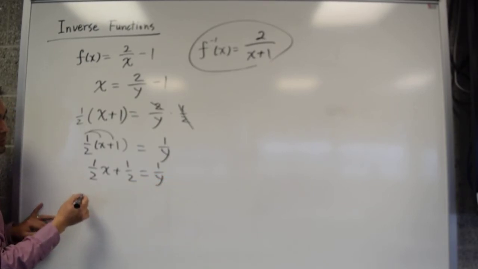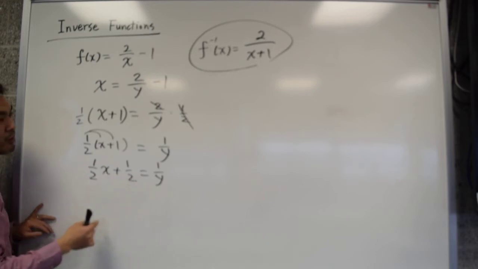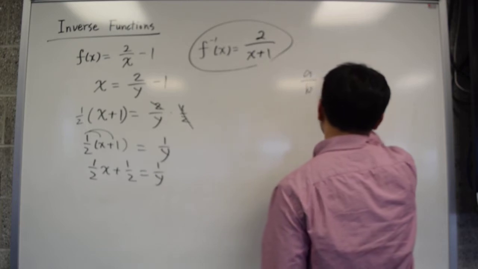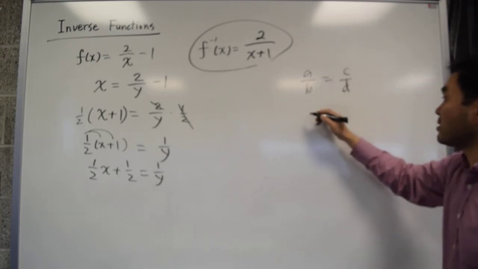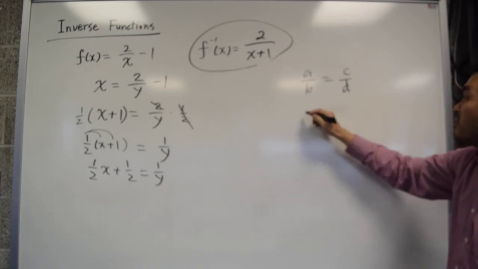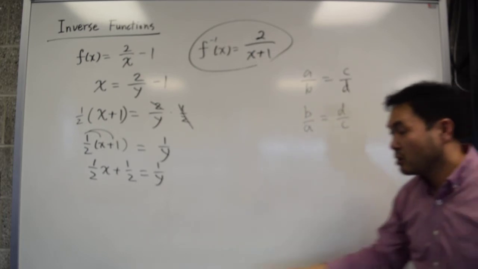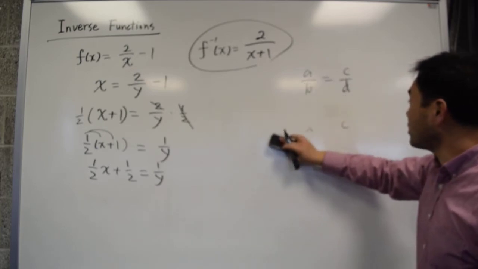And since you have fractions, unfortunately, if you have a fraction equals a fraction, it's true that if you flip both sides, b over a equals d over c. That's true. But if you have more than one term, that's not true.